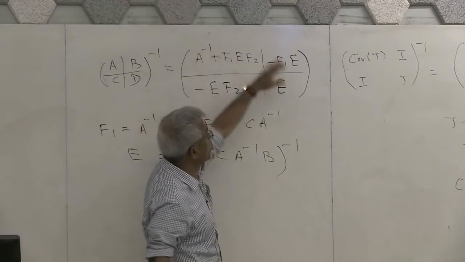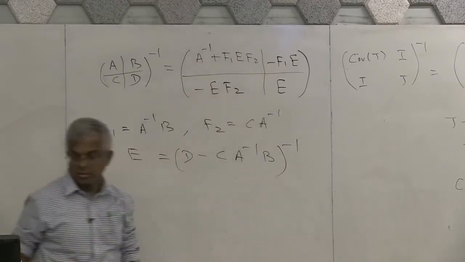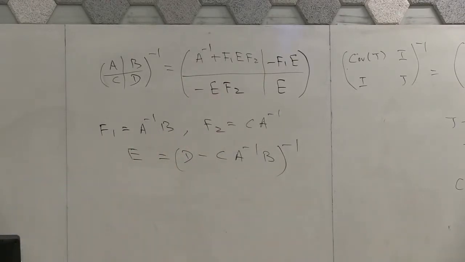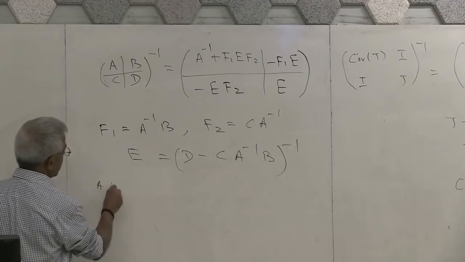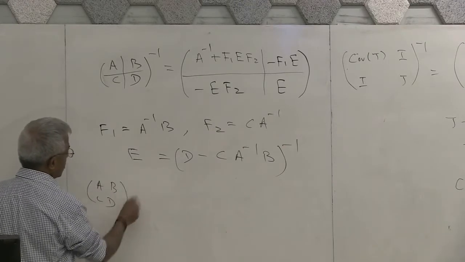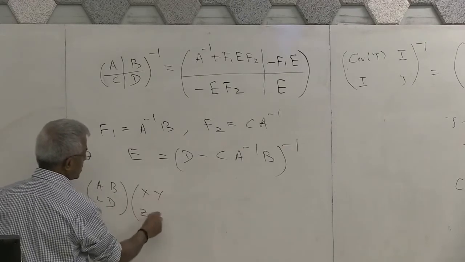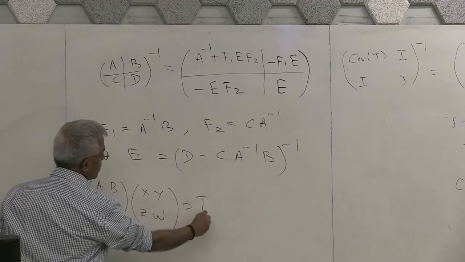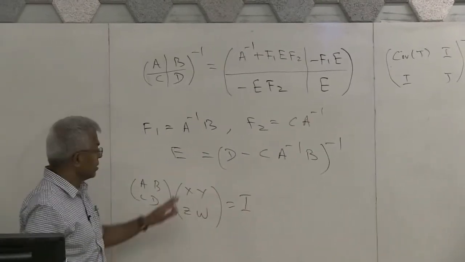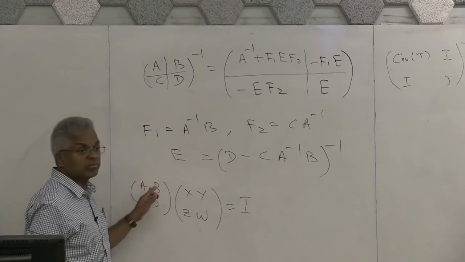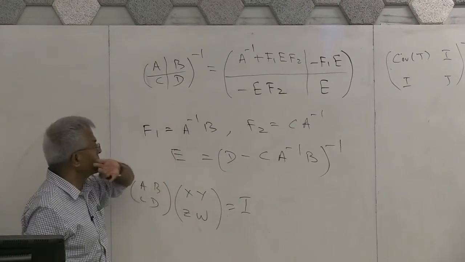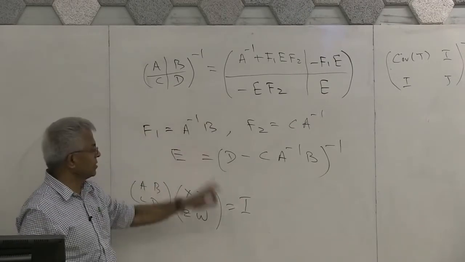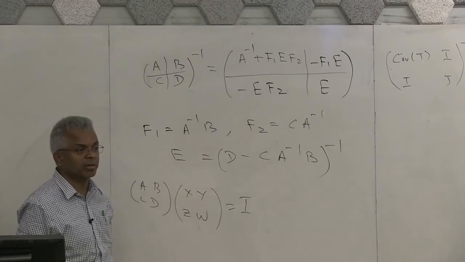Then you know that this quantity is the inverse of the other one. See, if I can show ABCD multiplied by X, Y, Z, W is identity, then this quantity is the inverse of this. Same logic: ABCD multiplied by that gives a big identity matrix.